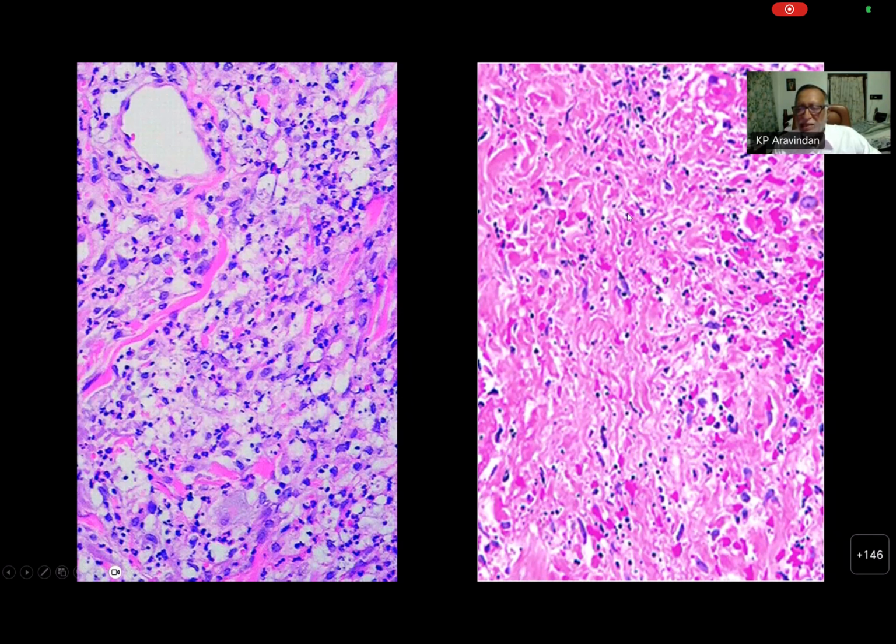Here you find fewer intact neutrophils, but more leukocytoclasia. This is a typical leukocytoclastic vasculitis. So basically, the appearance of these cells in various settings are all clues to diagnosis. So a careful reading of the type of cells that are present in the tissues gives you a lot of information.